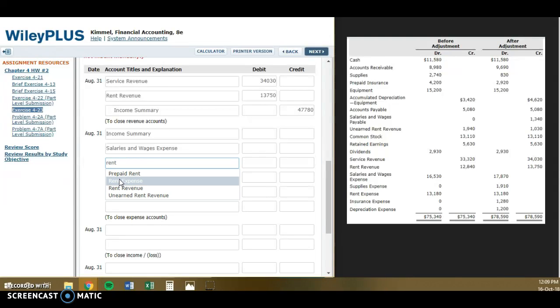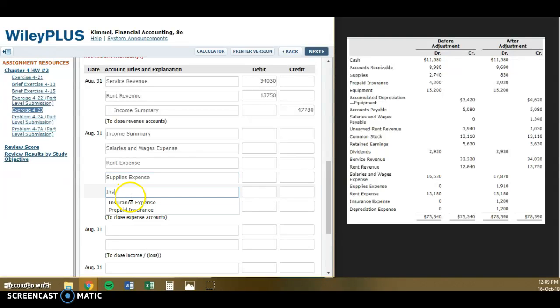Next is rent expense. We then have supplies expense. Next is insurance expense. And last but not least is depreciation expense. So I'm just going to fill in these numbers here.